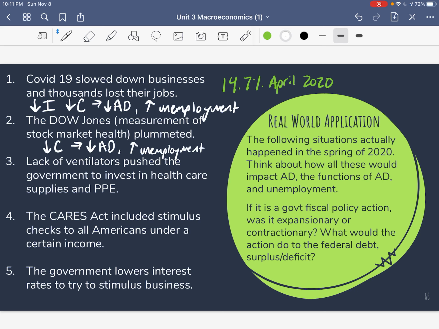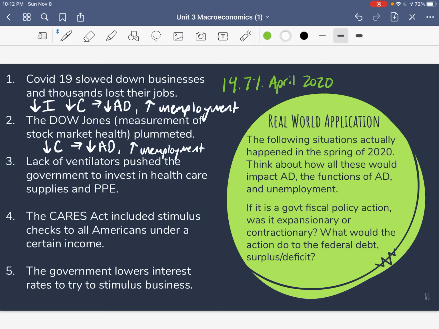Okay? All right. Number 3, the lack of ventilators, which is a life-saving respiratory machine, pushed the government to invest in healthcare supplies and PPE. So in the middle of the pandemic, governments realized we don't have enough hospital beds in ICU. We don't have enough ventilators to help people breathe that have been heavily impacted by COVID-19 and are in the hospital on the brink of death.